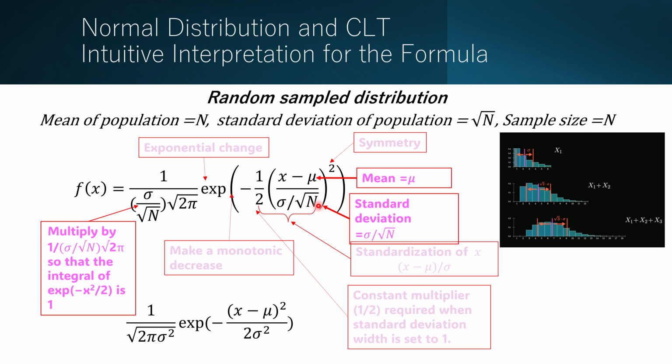This formula means that if n is large, then the shape of the distribution will be narrowed, so we can estimate more precisely.